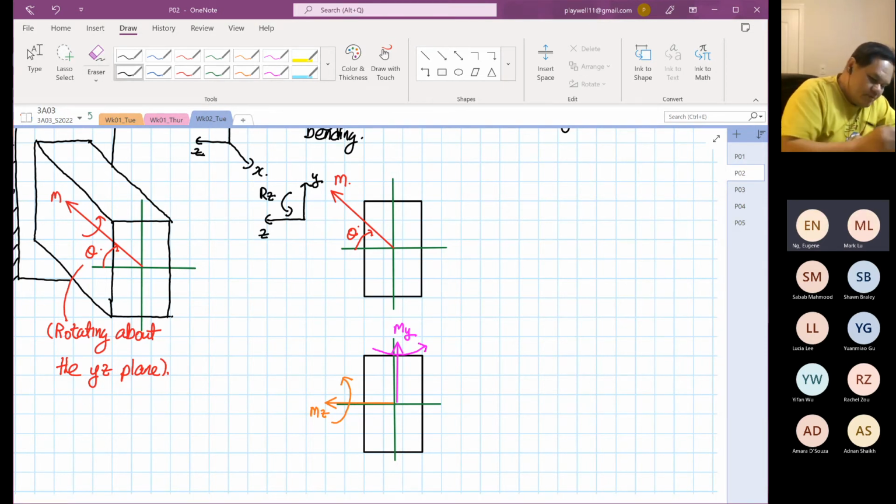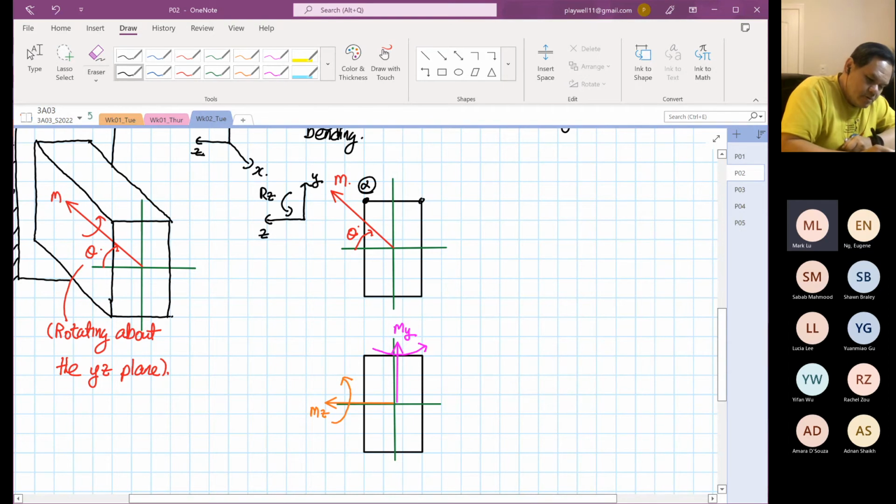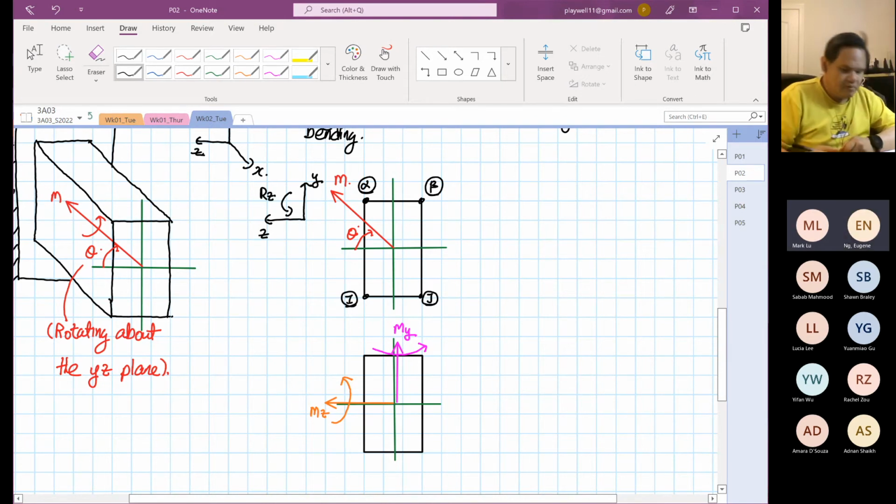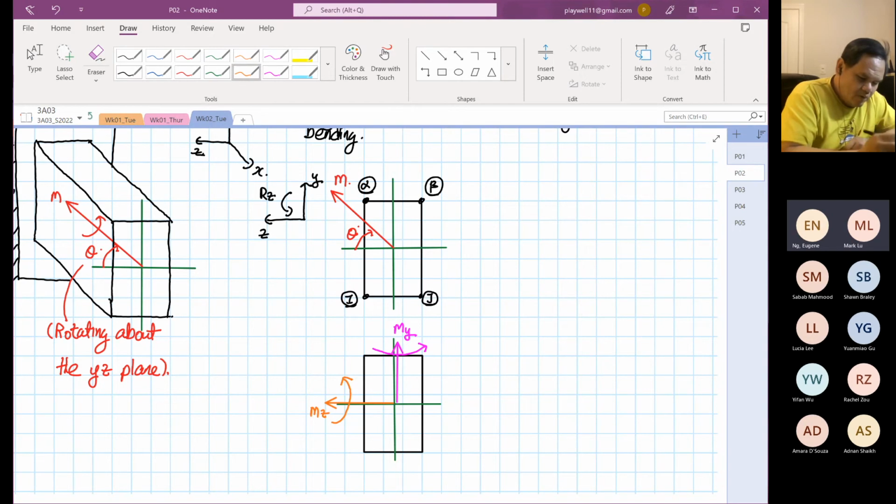Then we are going to label this point as alpha, beta, I, and j. Okay, we're going to label it that way. And I want to apply what I've taught you, right?